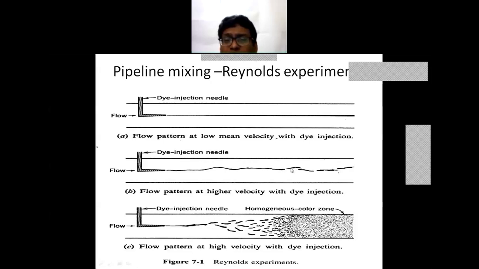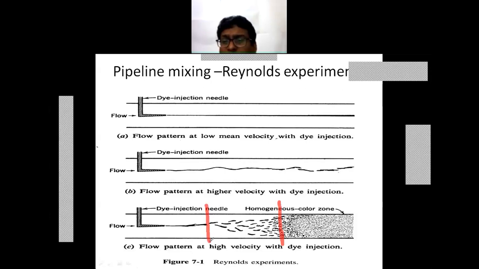But as we slightly increase the fluid flow, then at an early stage you can observe a certain distribution. But if the velocity is drastically increased, then you can see that within a short span of the length of the pipe, it is completely dispersed. That means in a short span, it is completely dispersed.